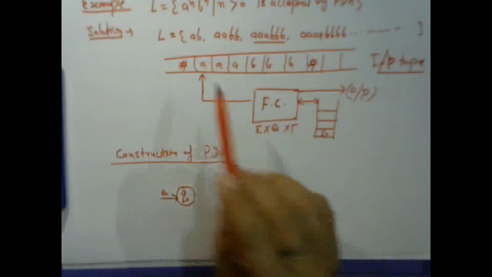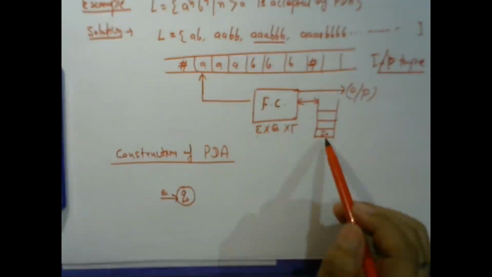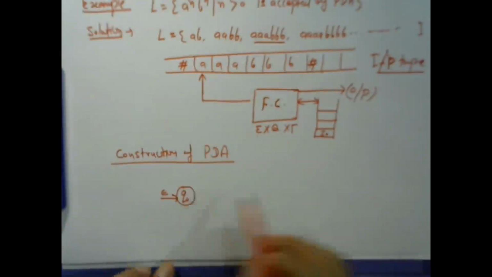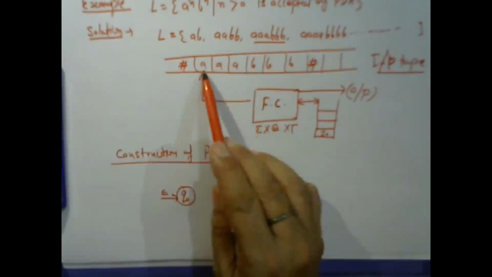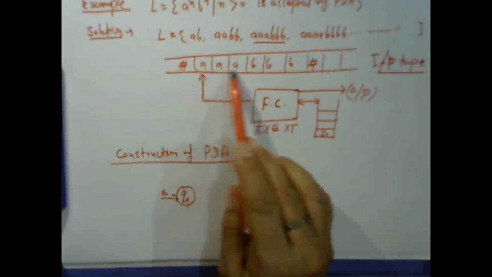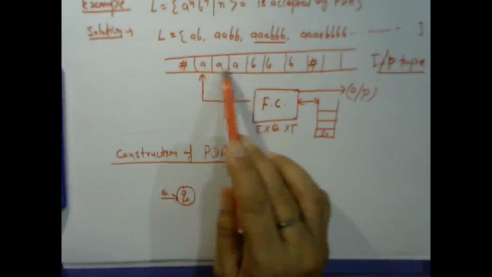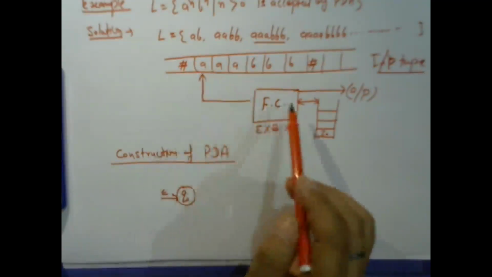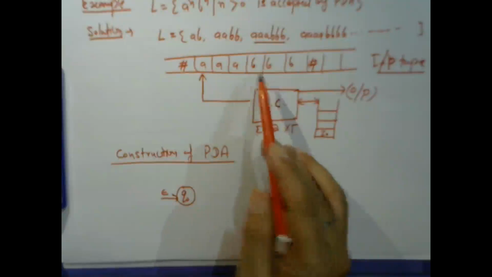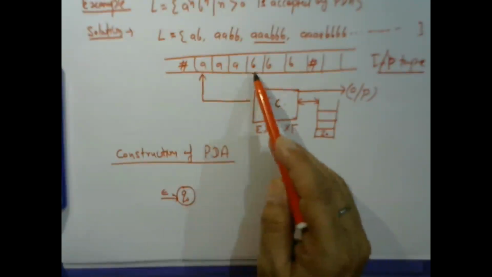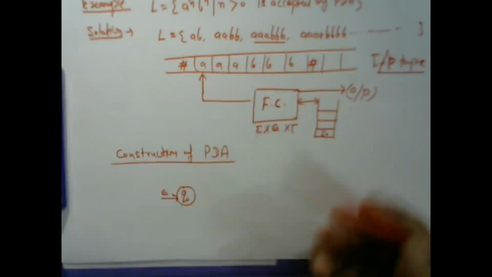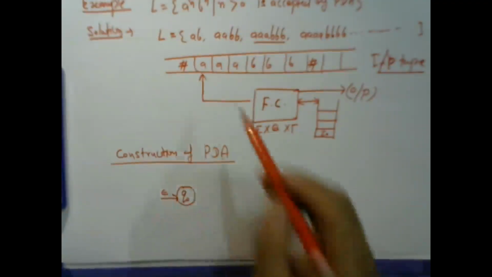Now the input is A, and the top symbol of the stack is Z0. You can push all the A symbols inside the stack until B is encountered, and when B is the input, then A is popped from the stack. We are just taking simple logic here.